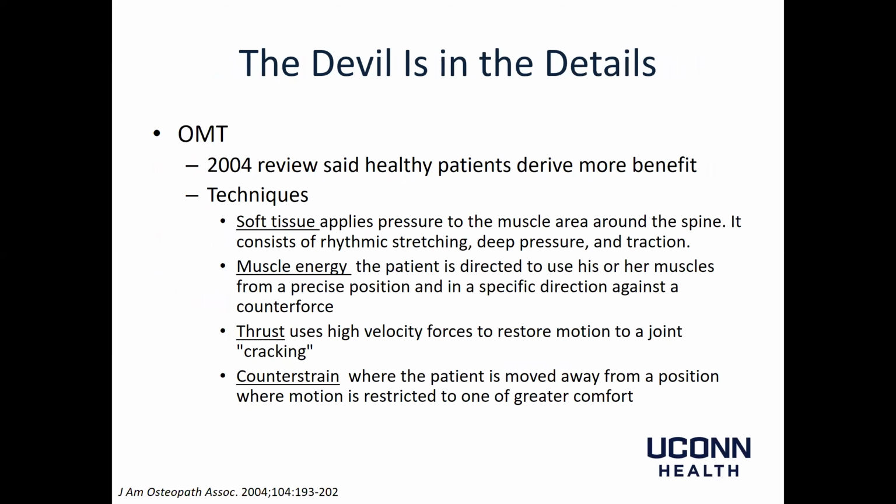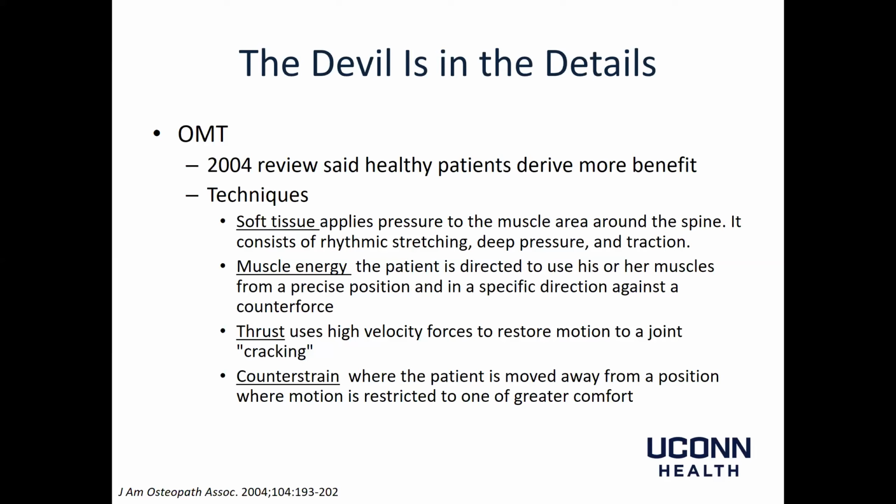So the problem with the alternative treatments is that the devil really is in the details. When you try to read the studies and see if they were beneficial or not, this 2004 review really is a classic example. This was a review that looked at when OMT was helpful or not. Patients who are otherwise healthy with an acute or chronic injury, say a sports injury that has sort of persisted over time, are the ones who do best and derive the most benefit versus your chronically ill patient.